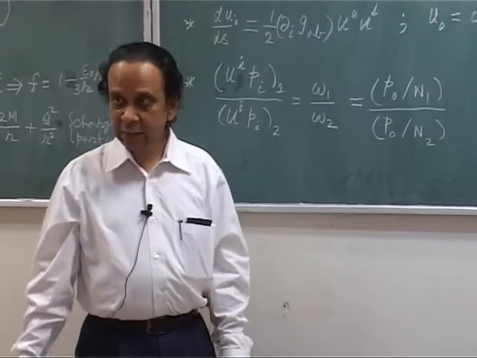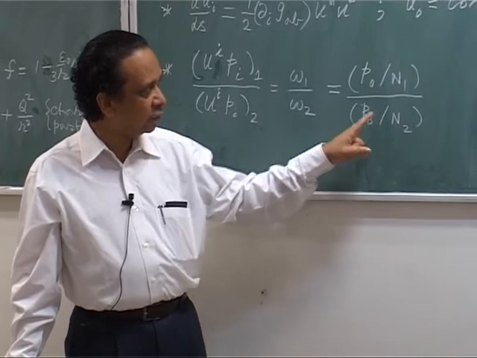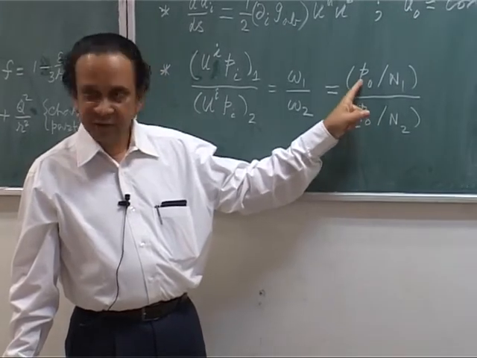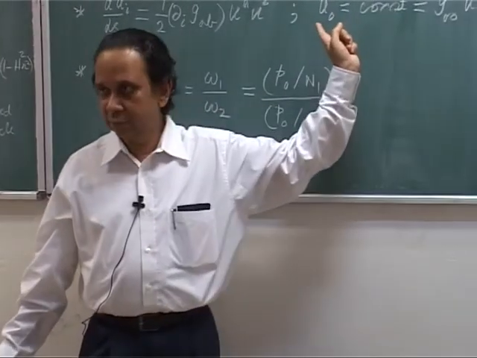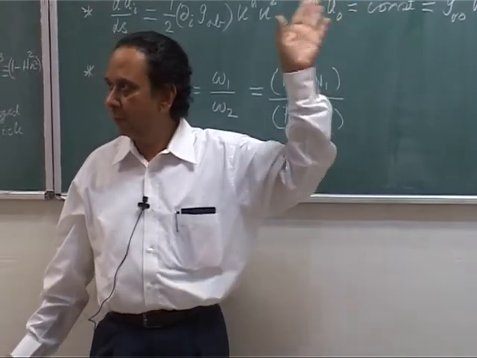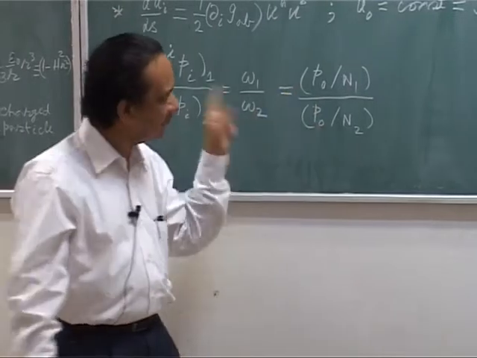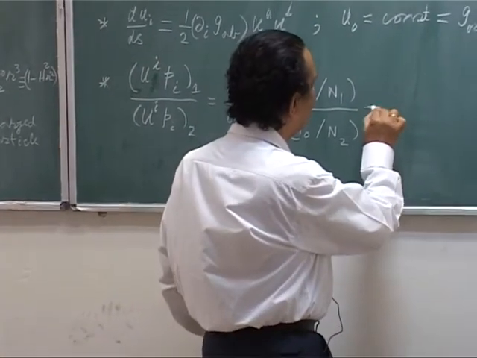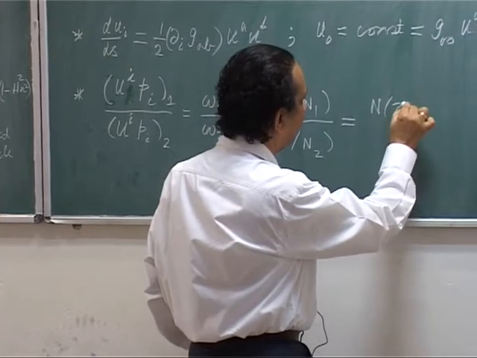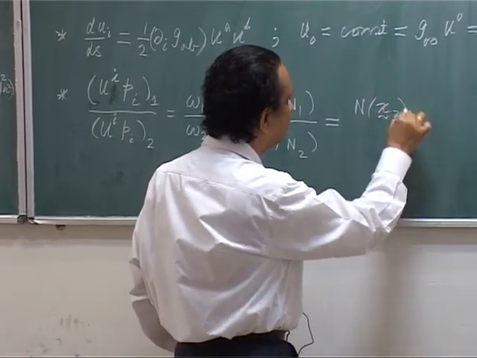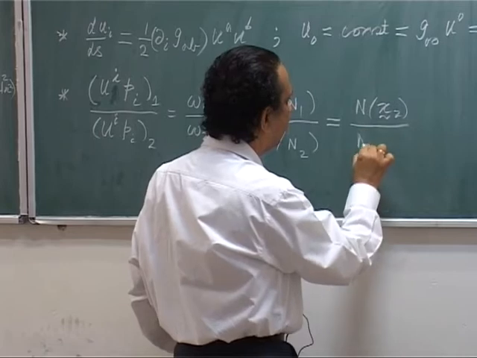The key point is it is not P0 at n2 and P0 at n1, this P0 is the same as this P0, that is because P0 is conserved, it is like U0 of the photon, okay. Hence I can cancel it out and I can write this as n2, or now I can use this notation, n at x2 divided by n at x1.